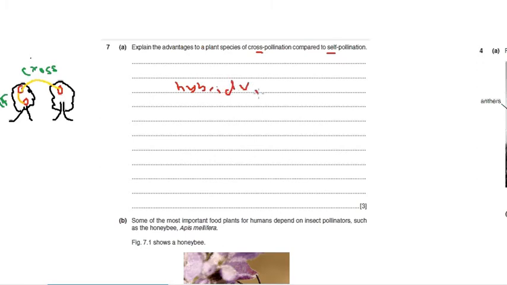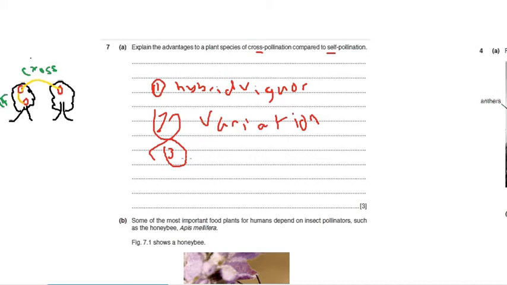We talked about genetic variation. Okay, we talk about variation, which all of this will cause. We talked about adapting to the environment. Then we talked about harmful recessive alleles.